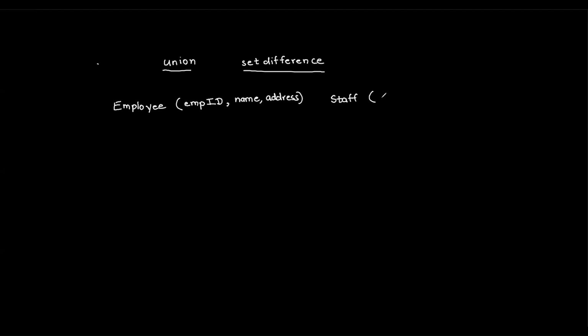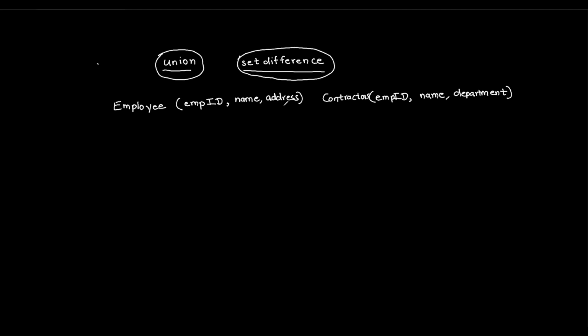Okay, staff is used here, so I'm going to use something else. Let's say contractors. Better, contractors. Emp ID, name, and instead of address, let's say they have their department, something like that. Let's say if we have two relations like this, how can we apply union or set difference here?